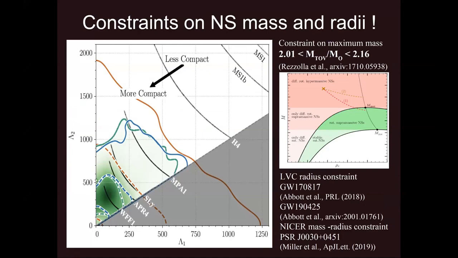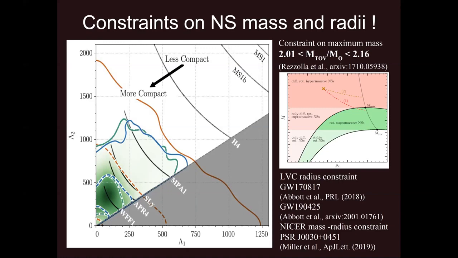And this points to rather lowish dimensionless tidal deformabilities of around 500. Only the very softest equations of state, like APR or Ring, have tidal deformabilities in this range when we think of purely nuclear equations of state.